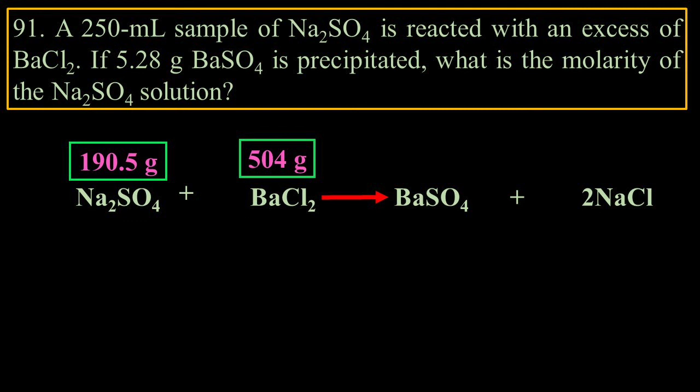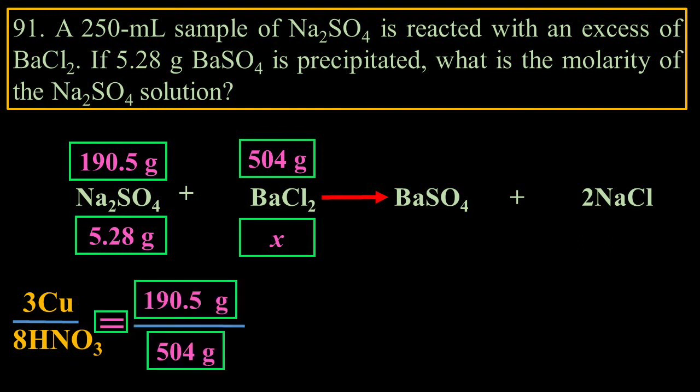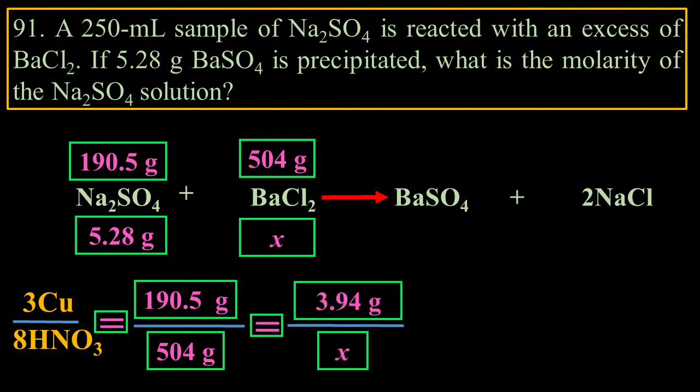Let's see what unfolds. Hold on. Solve for X. There's my ratio, my constant ratio, 3 coppers to 8 nitric acids, 190.5 over 504, and then solve for X.